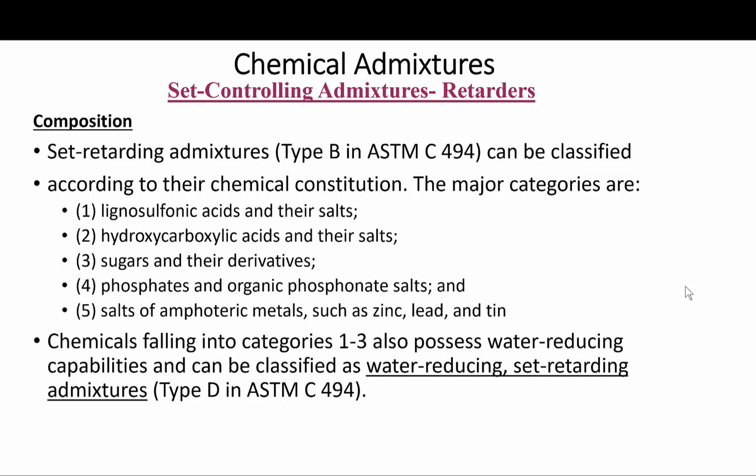The chemicals falling into categories 1 through 3 also possess water-reducing capabilities and can be classified as water-reducing set retarding admixtures, type D under ASTM C494. So remember that.